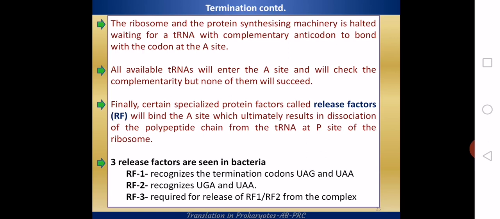These class 1 release factors, that means RF1 or RF2, are responsible for interacting with the codons in the mRNA, that means interaction with the stop codons, right? Whereas the class 2, that means RF3, is a GTPase protein which is required for the release of the class 1 RF from the complex, right?